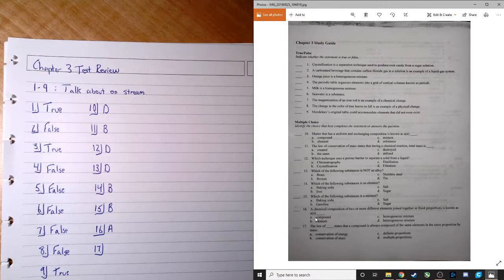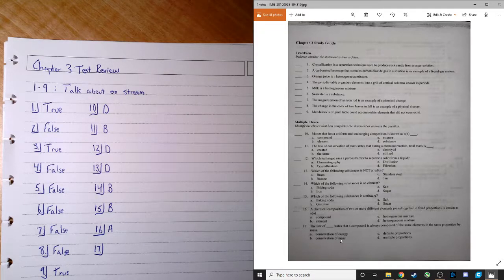All right, so then number 17 here. The law of blank states that a compound is always composed of the same elements in the same proportion by mass. The law of what? If it's always composed of the same stuff in the same proportion, well, it's not the conservation of energy.